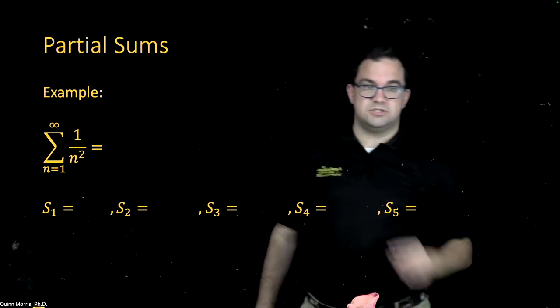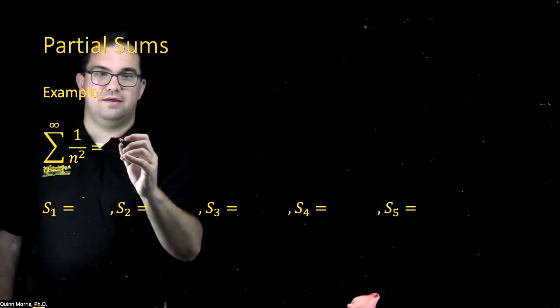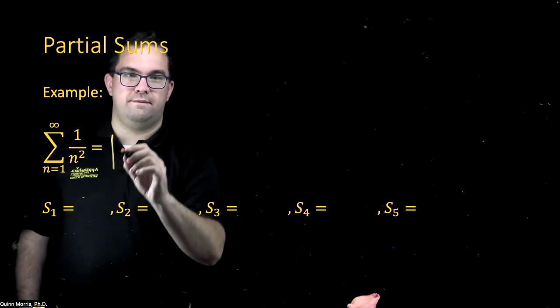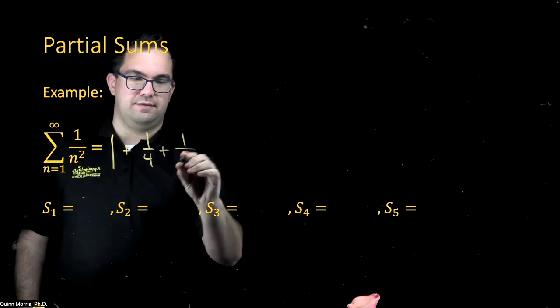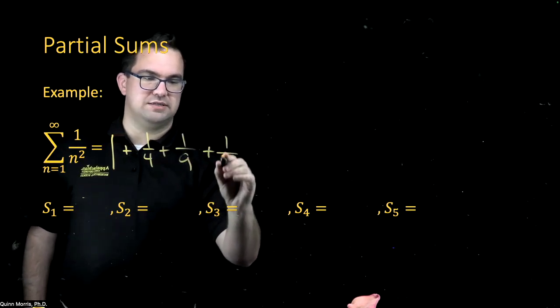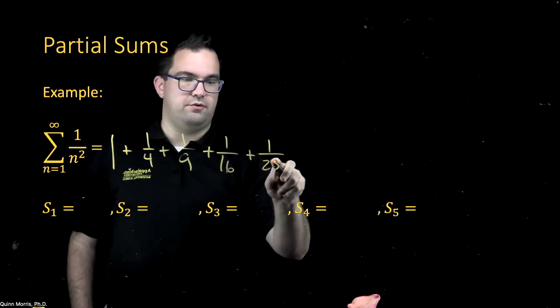And so I could just come here and start writing out partial sums. This was 1 plus a fourth, plus a ninth, plus a 16th, plus a 25th, and so on and so on.